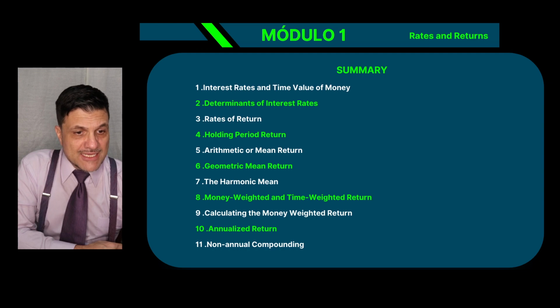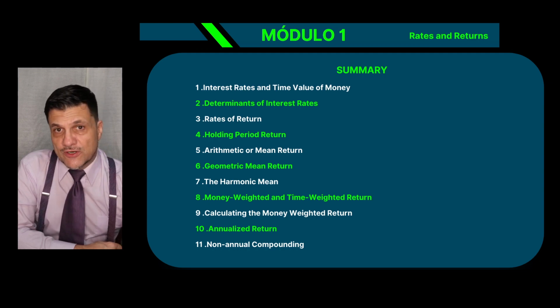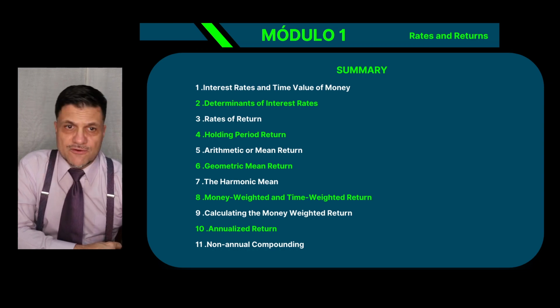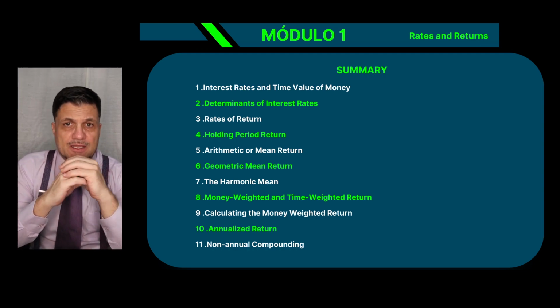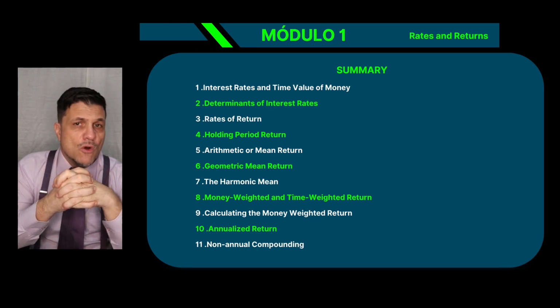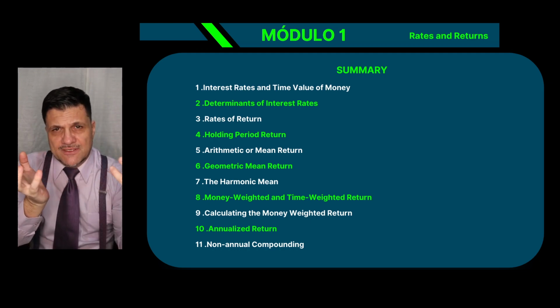Then annualized return and non-annual compounding. That's the story where, if it's not annual compounding, how do you compute the values? If it's biannual, you divide by 2, so semester. If it's daily, divide by 365. And if it's continuous, there's a formula that you can memorize, using the constant e, or you can use the same approach.